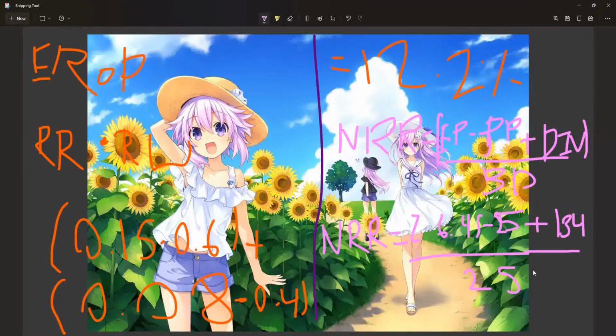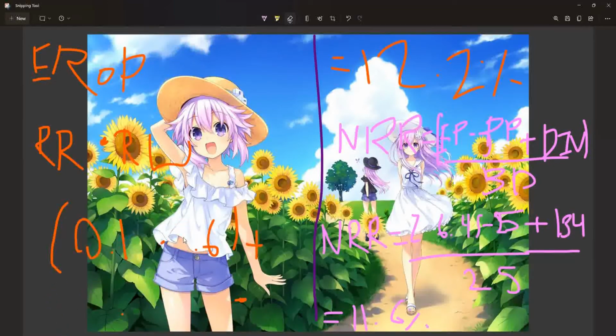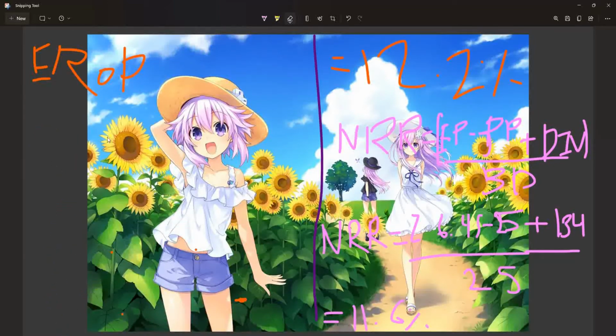Okay? So what that gives you is 11.6%. Does that make sense? Yes? Good. Excellent. All right, so that's it for math.